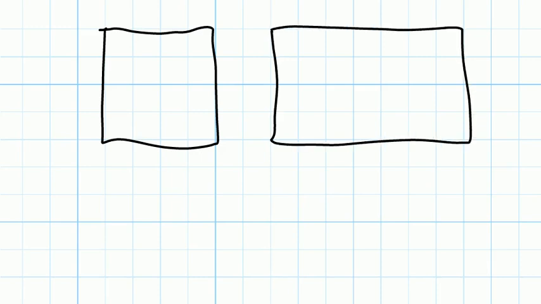Today's topic, we will be discussing how to find the area of a rectangle. So many of you are familiar with a rectangle, right? A rectangle can be a square, or it could be more oblong, like that.